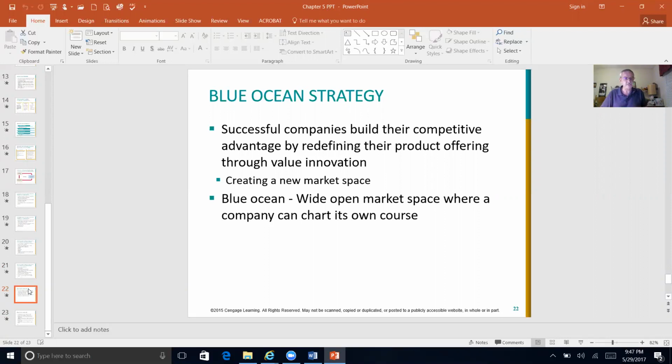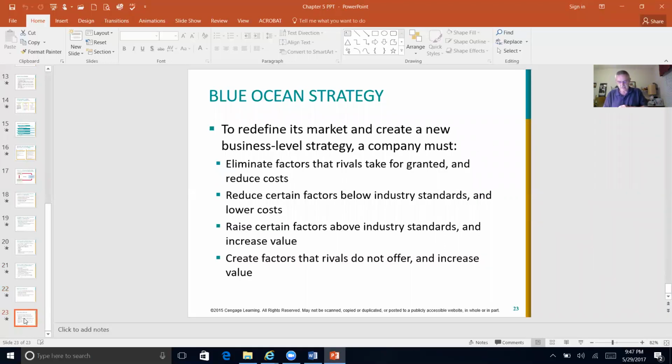One of the most successful ways of doing this is that value innovation catches your rivals off guard and makes it difficult for them to catch up. As we talked about at the very beginning of this discussion, when you're using Porter's and you think about substitute products, one of the best ways to overcome substitute products is to have your company become that new substitute.